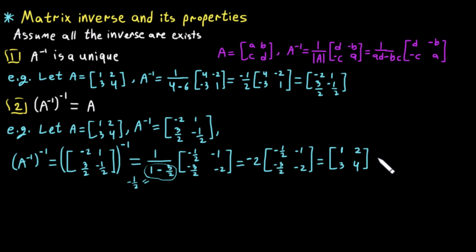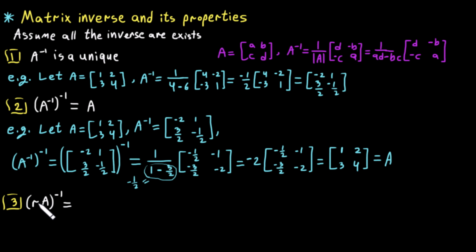So we are back to A, our A. Here, our A. So you can see how we visualize this property. If you take the inverse of A inverse, you will get back to A. Property 3: if you have R multiplied by A and the whole thing inverse, you will get this here.